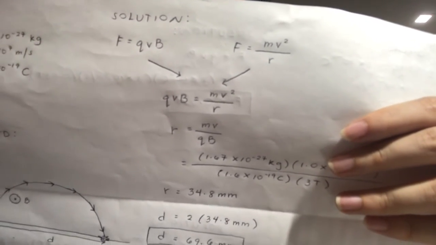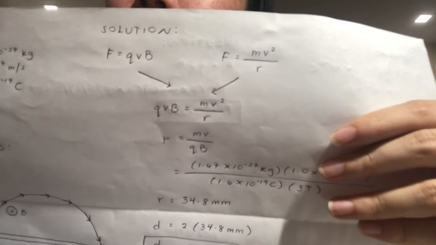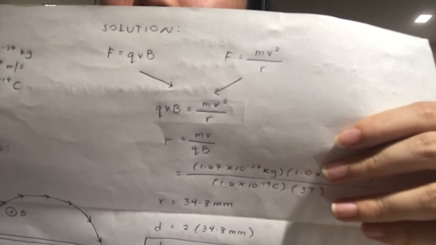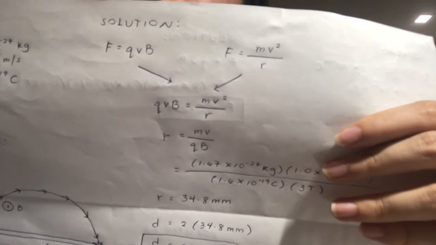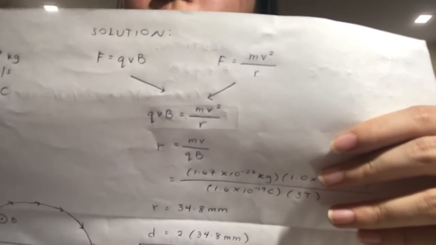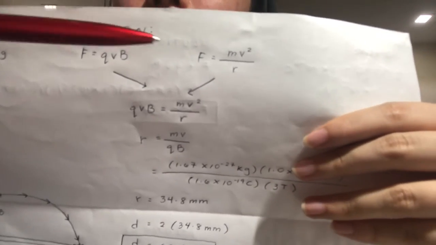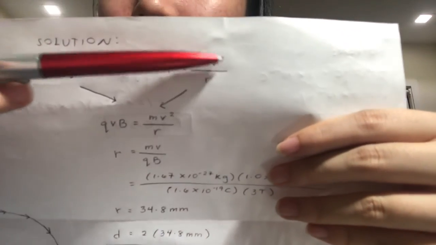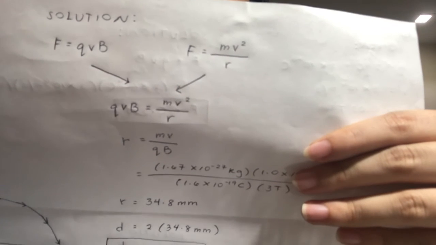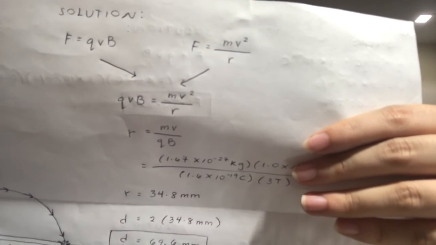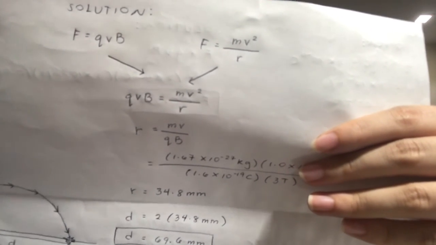This force is always directed perpendicular to the particle's direction of travel at the moment, and thus acts as a centripetal force. This force is also given by the equation F equals mv squared over r. So we can set these two equations equal to one another, allowing us to solve for the radius of the arc.